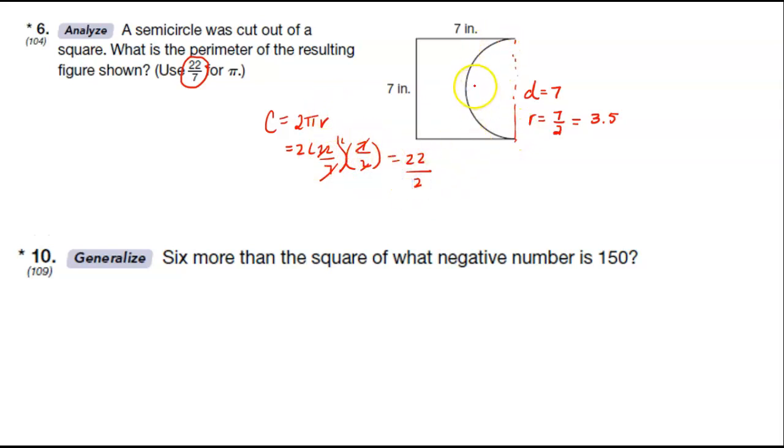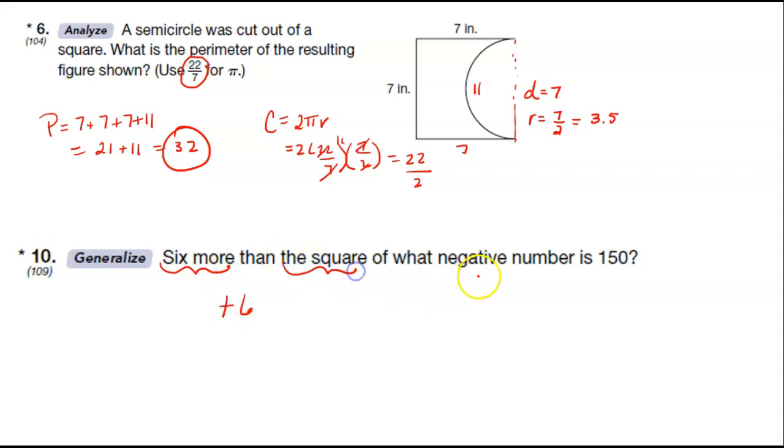Because this is just half of a circle, so that's 11. So that's 7, that's 7, that's 7. The perimeter is going to be 7 plus 7 plus 7 plus 11, which is 21 plus 11, which is 32.